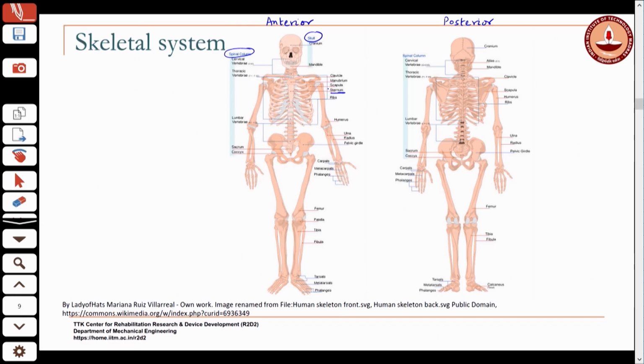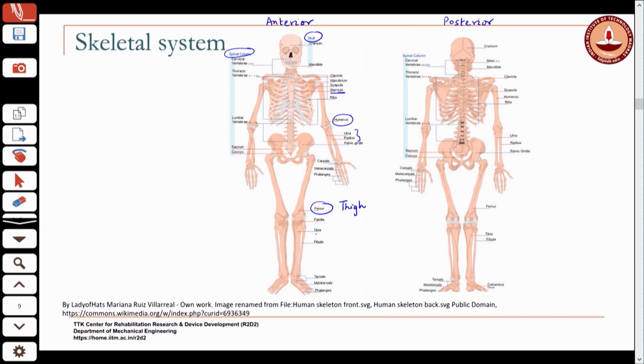Then you have your upper arm, that bone is called the humerus, and then in the forearm, the lower part of the arm, you have two bones called the radius and ulna. Okay. Then you have the pelvis, and to the pelvis is attached a big bone called the femur, which is your thigh bone.